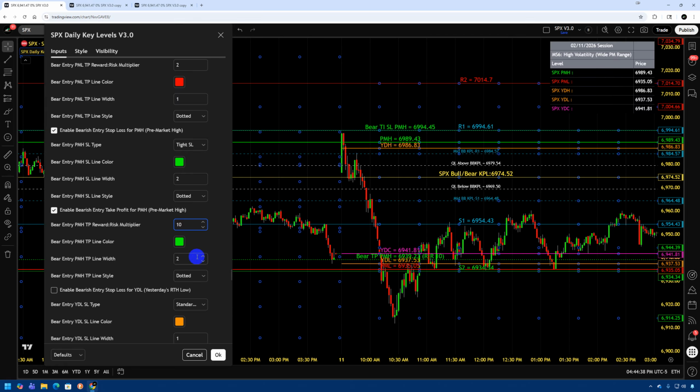tight stop loss. Now, if we change it to standard, let's just make this as an example 5. We'll change this to standard. And as you can see here, that's basically the same as tight stop loss with 10.